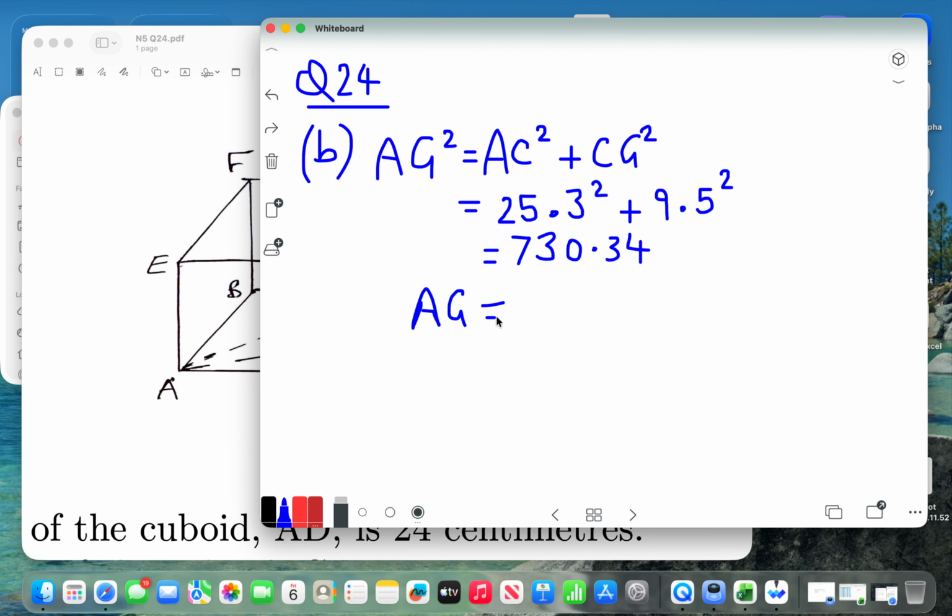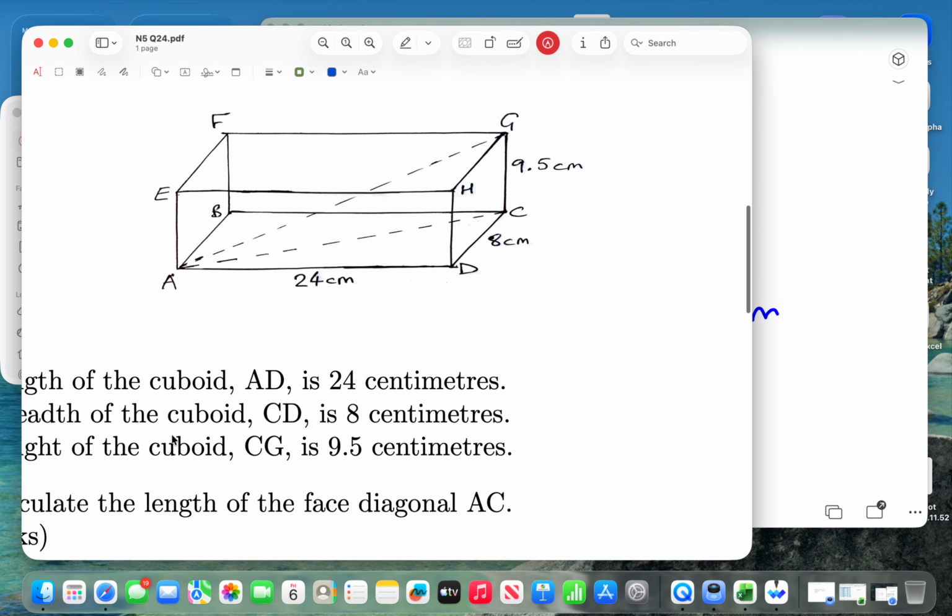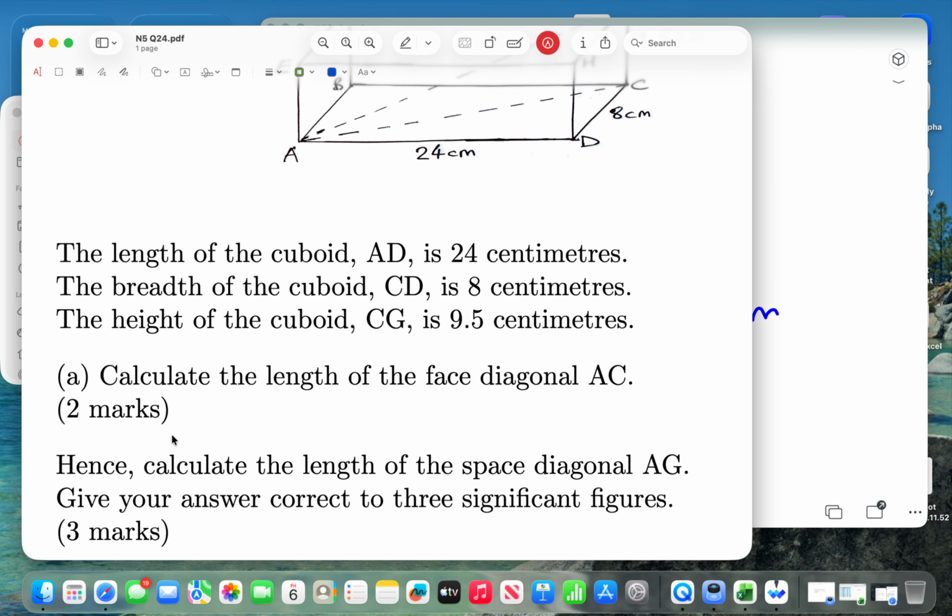AG is 27.0248034 centimeters, and it did ask us to round to three significant figures.